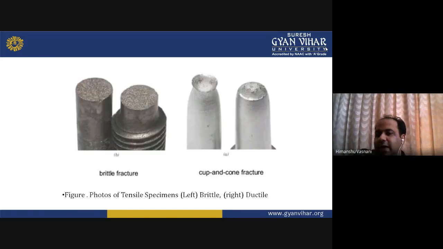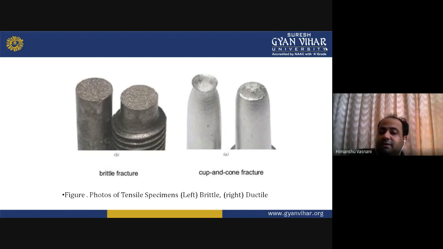This is a simple diagram showing brittle and ductile fracture. You can see these are tensile specimens, and in the brittle fracture you can easily see how the surface looks. There is no necking forming and no elongation, just a simple breakdown.